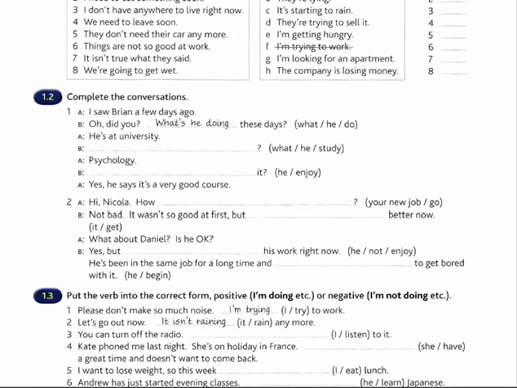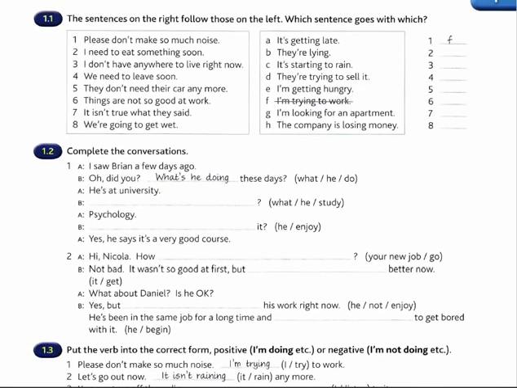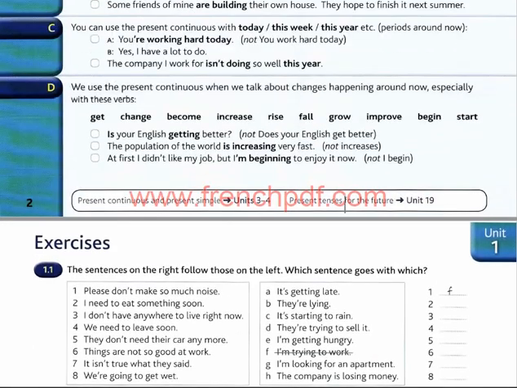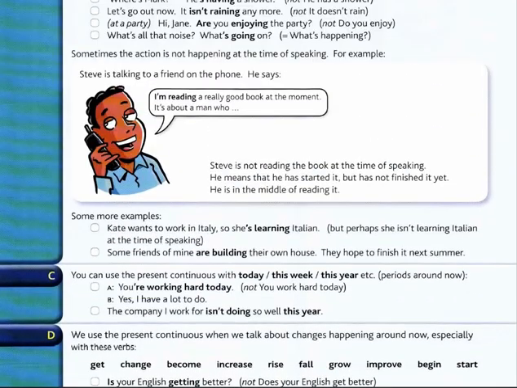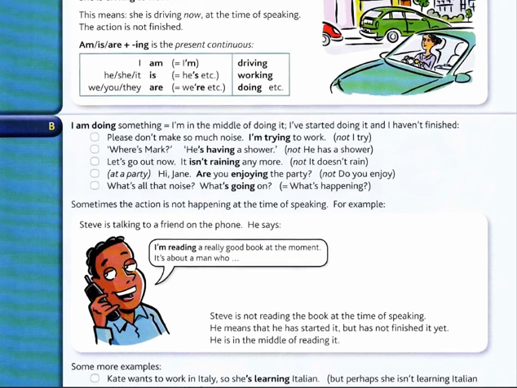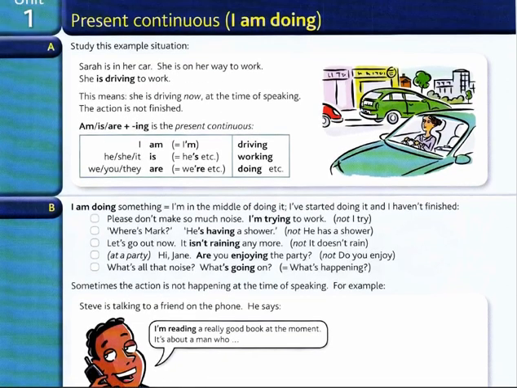These exercises are very easy, and you can do them by yourself, because this book is for self-study and each one can learn this grammar by himself. Thank you very much for watching, and I hope you got a benefit from this lesson. Goodbye.